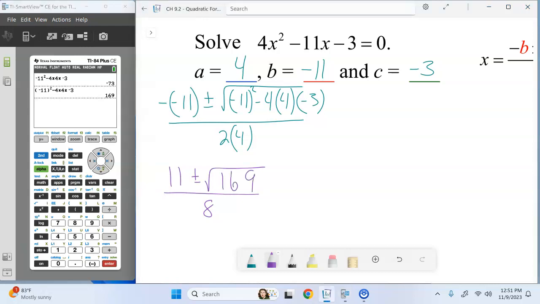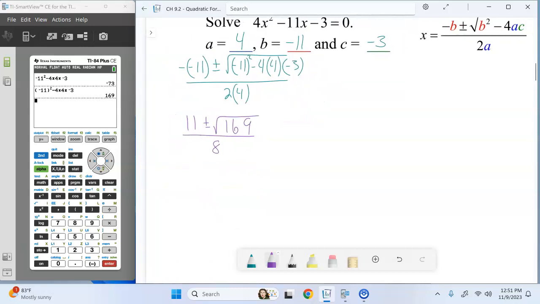That's step 2. Step 3, we can simplify, and how we simplify will vary based on what we have inside the radical. We can take the square root and evaluate it all the way. Can I square root 169? Get 13. So we have 11 plus and minus 13 over 8.